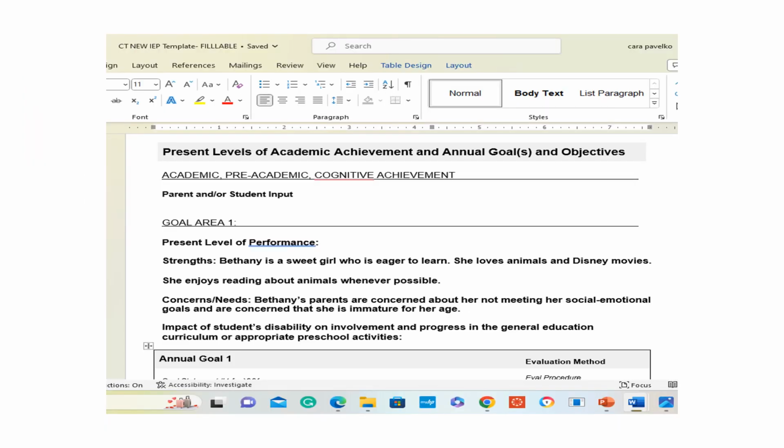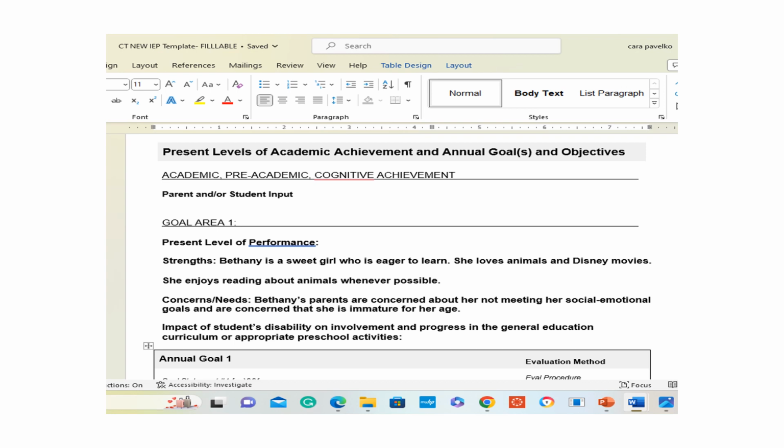In here, present levels of academic achievement and annual goals and objectives. And this is very important. There are several goals and objectives in this part, but I just screenshot just a few. And I actually put in her strengths because I think that's very important. I said Bethany is a sweet girl who is eager to learn.